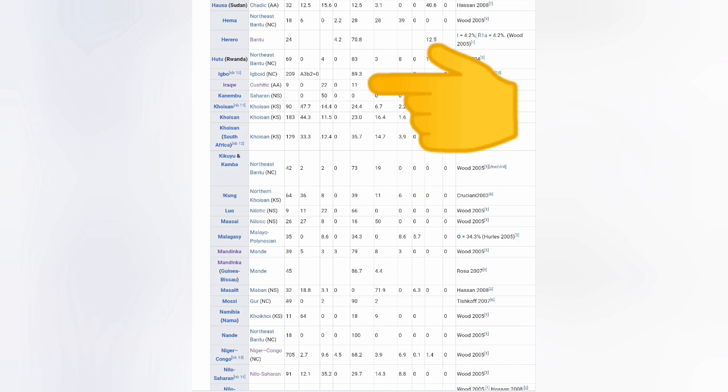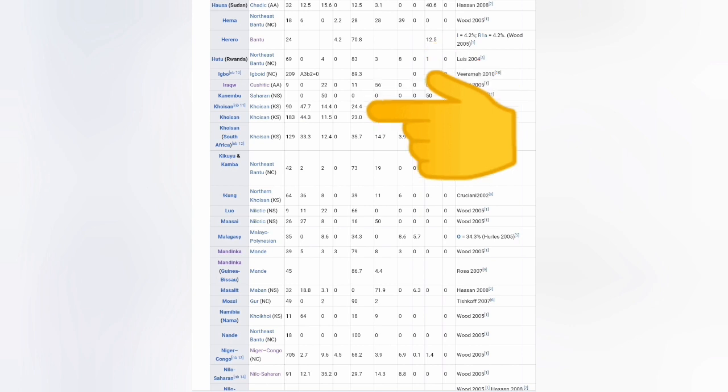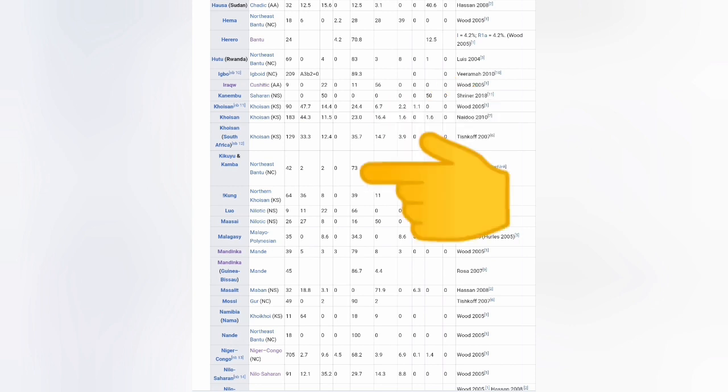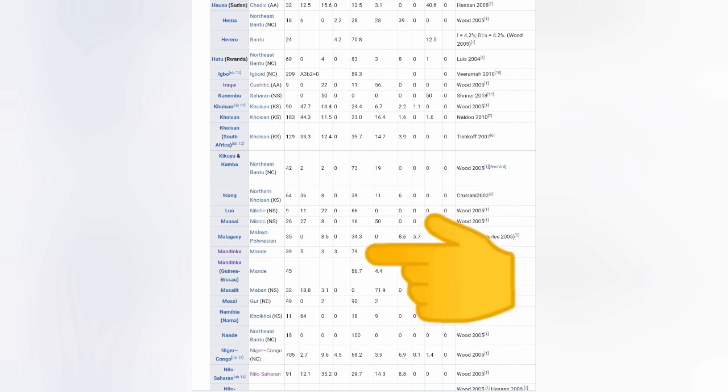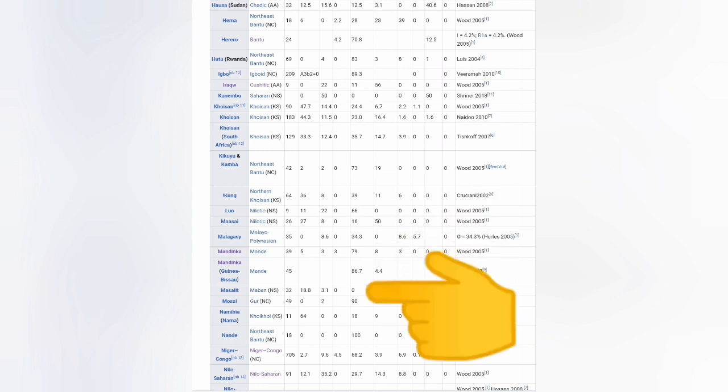In the Sahara, 0%. Khoisan 24%, Khoisan 23%, 35%, 73% in Northeast Bantu, 39% in Khoisan, 66% in Nilotic, 16% in Nilotic, 34% in Polynesian, 79% in Mende, 86% in Mende, 0% in Masalit, 90% in Gur.